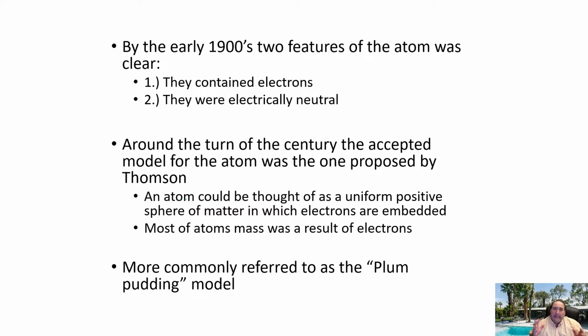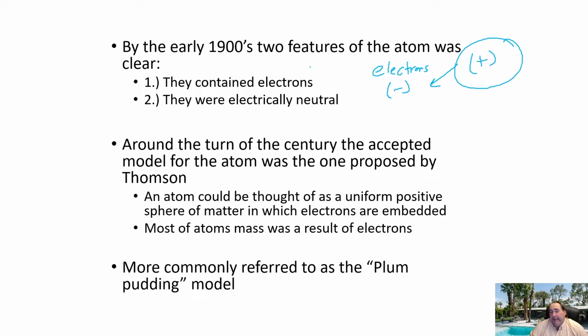So the thinking at this point was, we know it has negatively charged electrons, so in order for it to be neutral, there has to be something in that atom that is positively charged to balance out the charge.